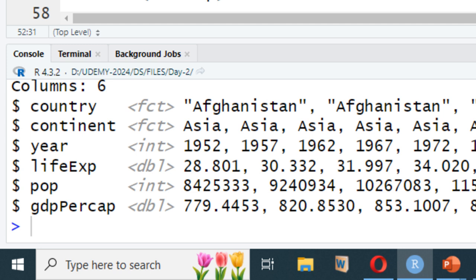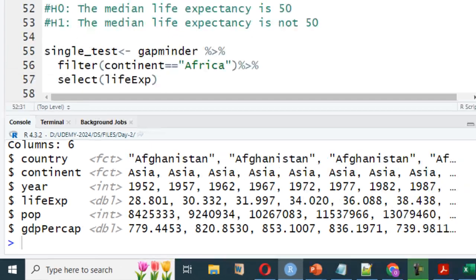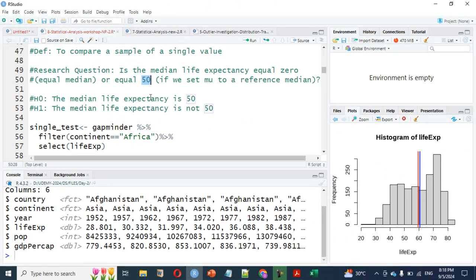So now, based on this question, we have a reference mean set, for example, 50. Let's say 50 is our reference mean, which is our life expectancy. We have life expectancy here, 28, 30, 40, 50. But we want to find the median this time around, not mean.